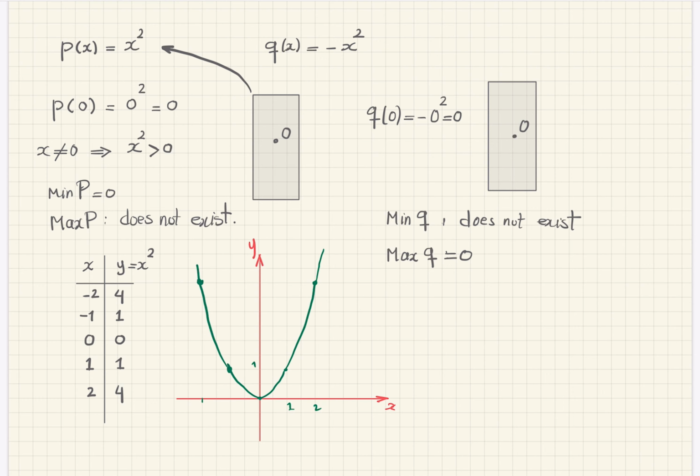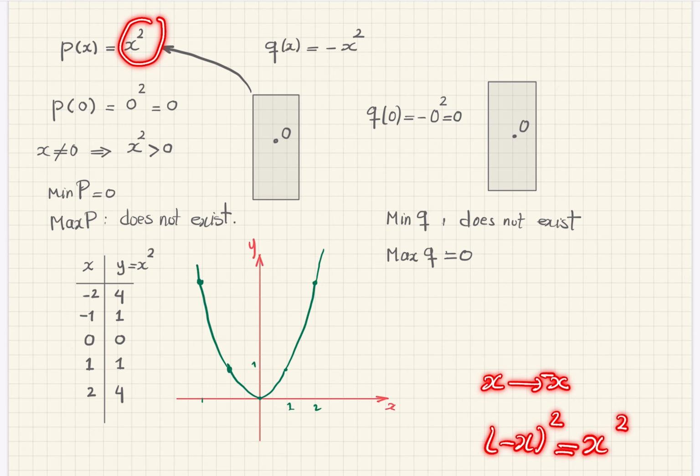This does not happen. By changing x to minus x, the values are repeating themselves. And that is also clear here, yes? By changing x to negative x, x squared does not change. Why? Because negative x to the power 2 and x to the power 2 are exactly the same.